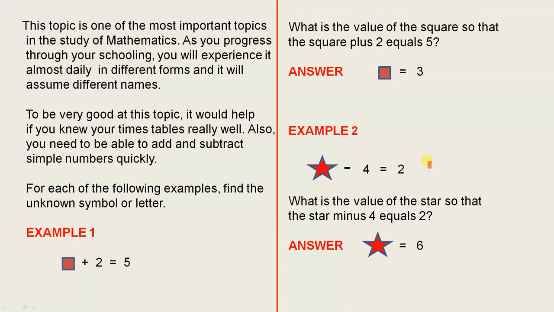Example 2, the star take away 4 equals 2. What is the value of the star so that the star minus 4 equals 2? So we have something, which is the star, take away 4 equals 2. I think it's easy to see that if the star was 6, we have 6 take away 4 equals 2, so the star equals 6.